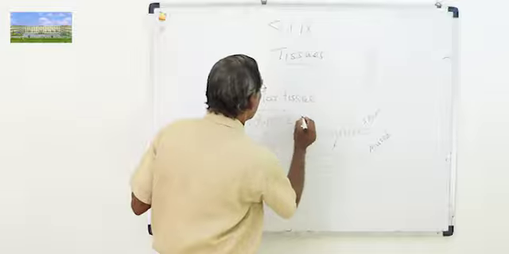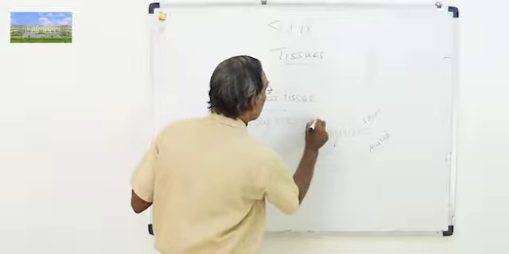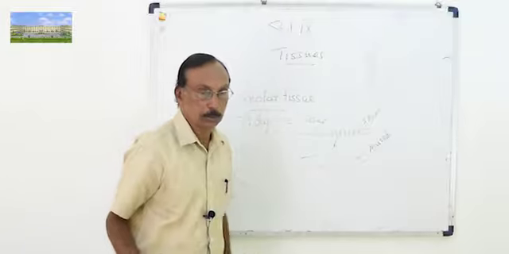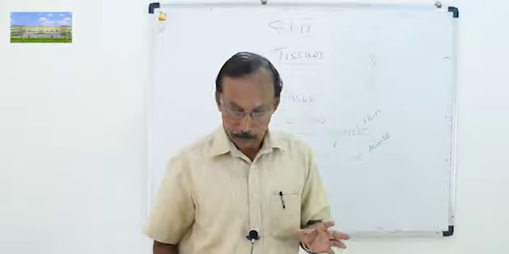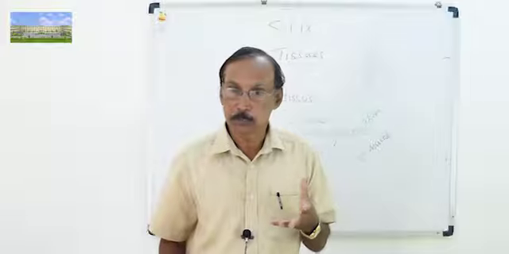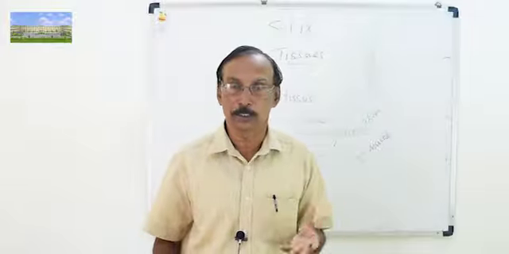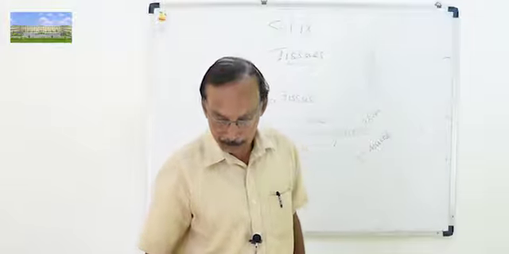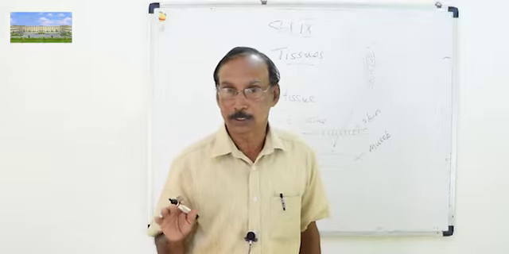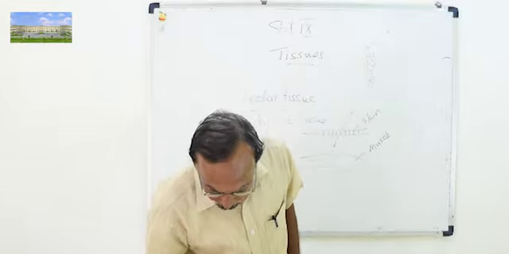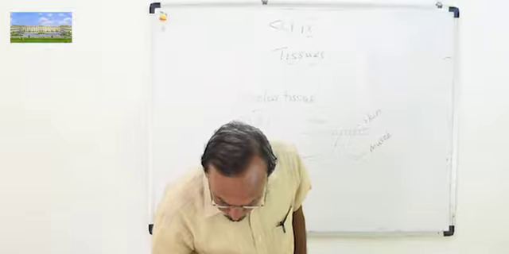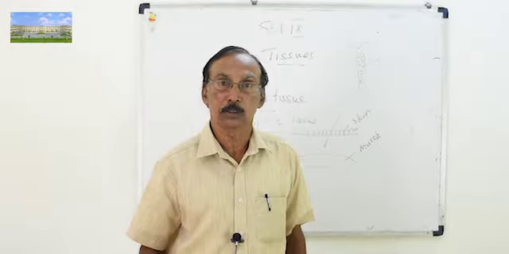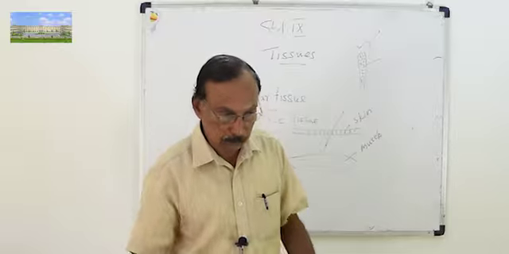All connective tissue. Adipose tissue, actually. Those who are eating meat, you can see that when we buy it, they say it is fatty meat. Actually that fat is adipose tissue, and it is also present under the skin.